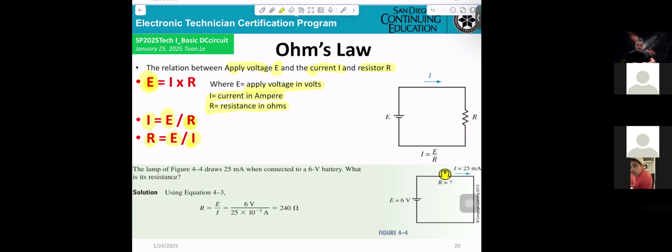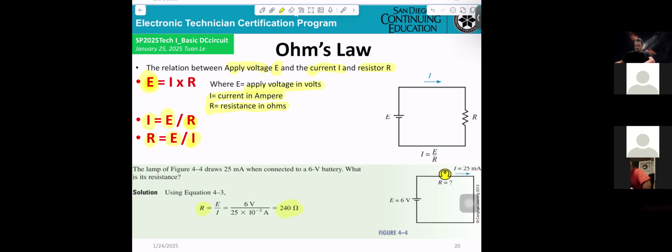You use Ohm's law and calculate R. R equals E divided by I. That gives you 240 ohm. That's very simple, not too many formulas. E or V equals I times R. That's the first thing, that's Ohm's law.